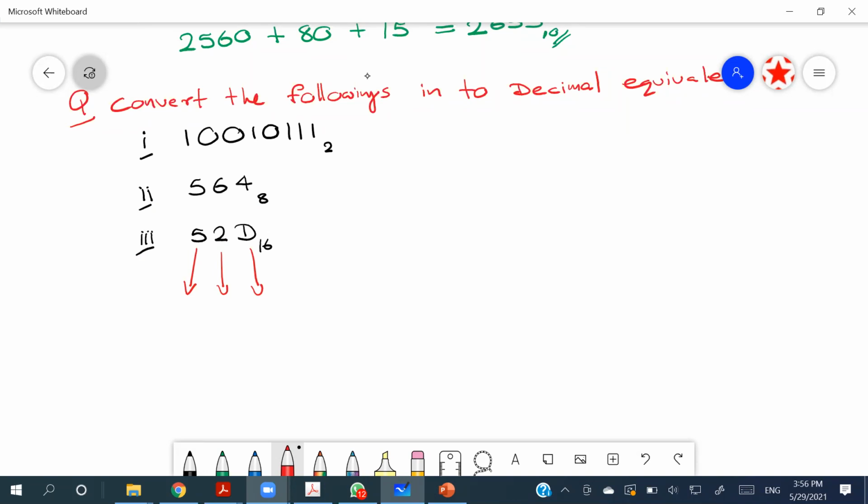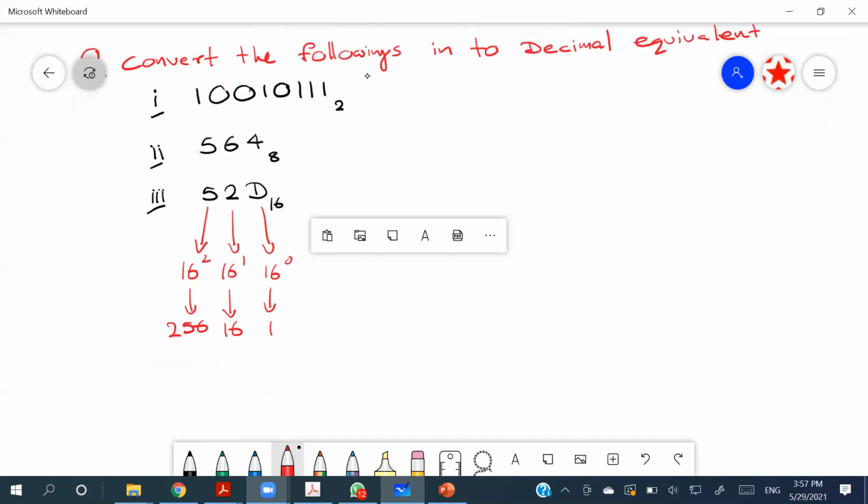So this is 16 to the power 0, 16 to the power 1, and 16 to the power 2, which gives you 1, 16, and 256. Senya, yes, your answer is correct. Well done. Ravindu, see where it went wrong.